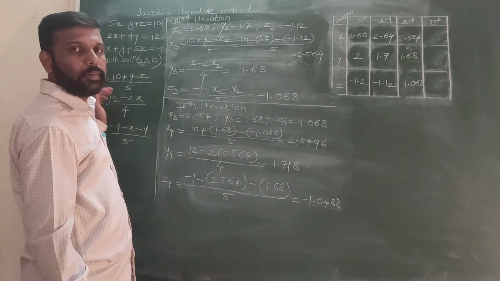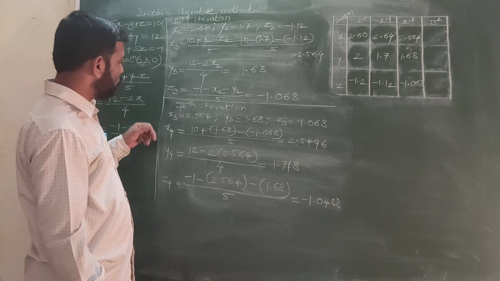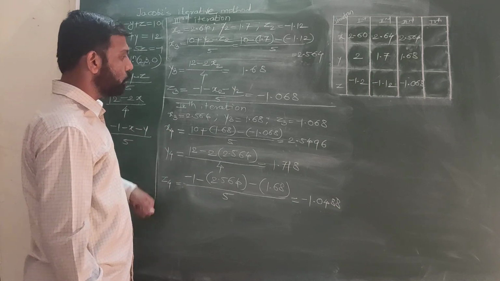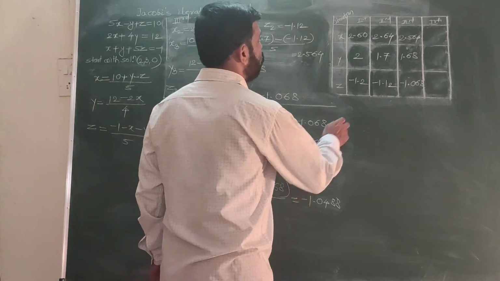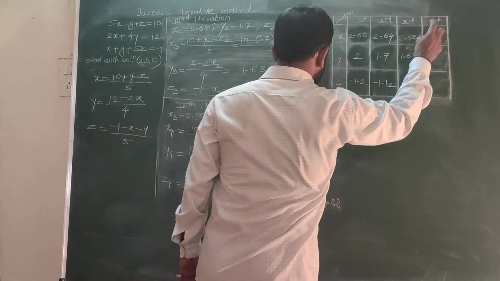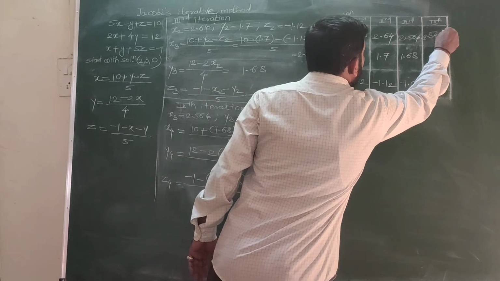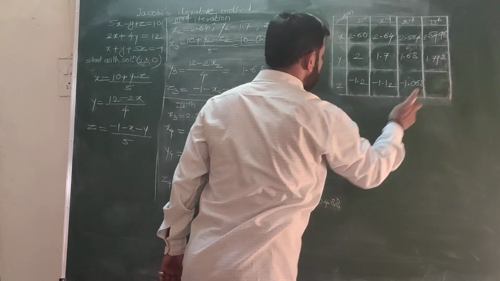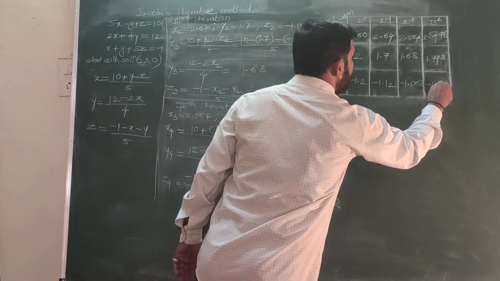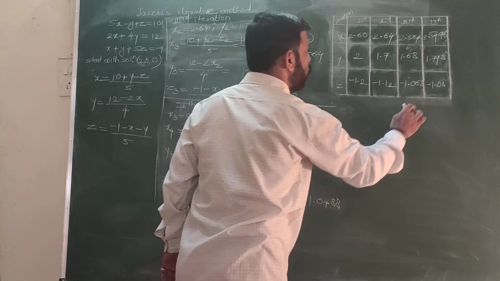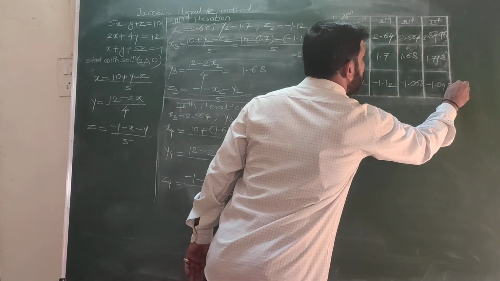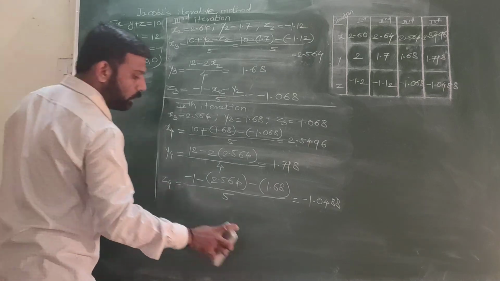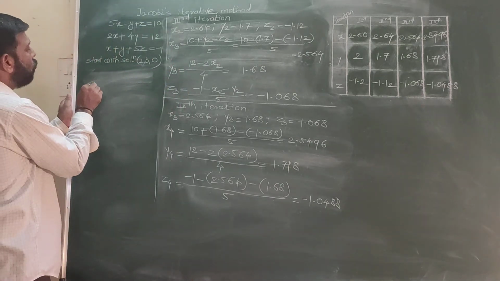So these are the values of the fourth iteration, the fourth approximate values of x, y, z. We'll write them in the table: 2.5496, 1.718, minus 1.0488.